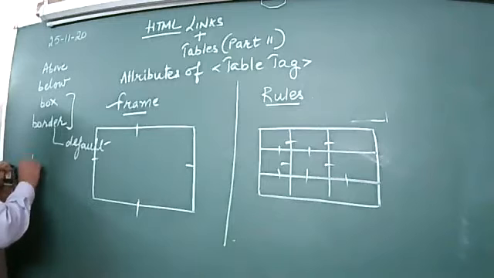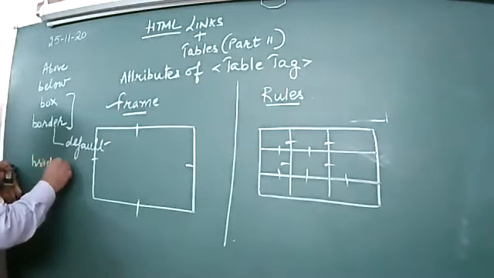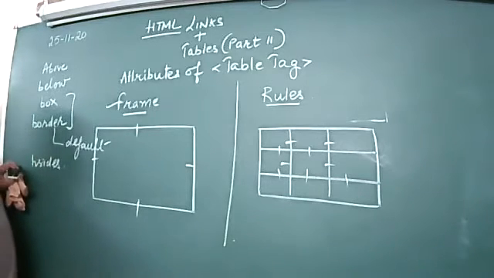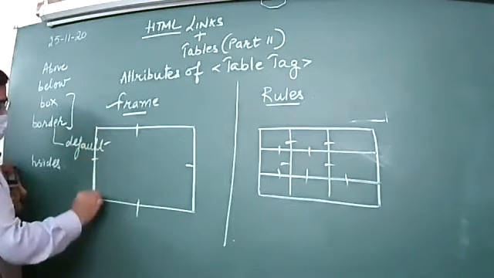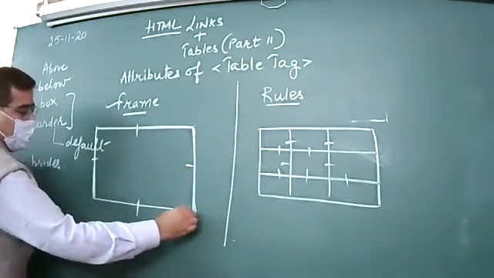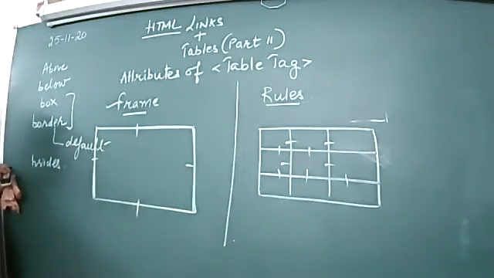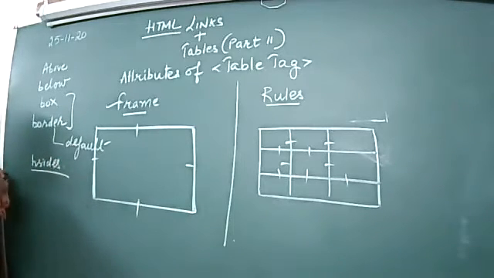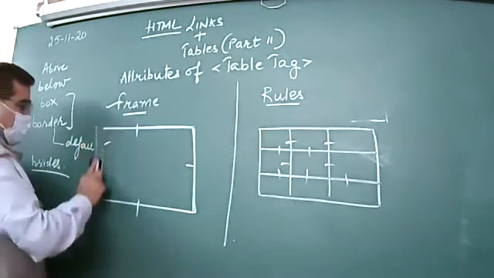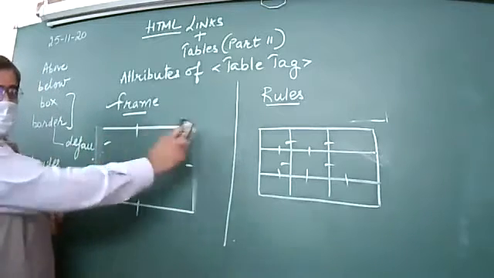Then next is H sides. Features also same, plus the setting is also same. The border will appear on all the four sides. H sides, horizontal sides. The border will appear on the horizontal sides.